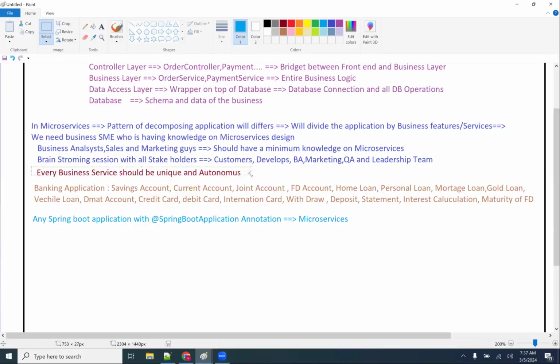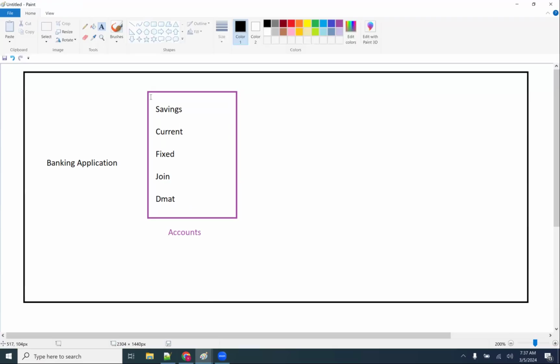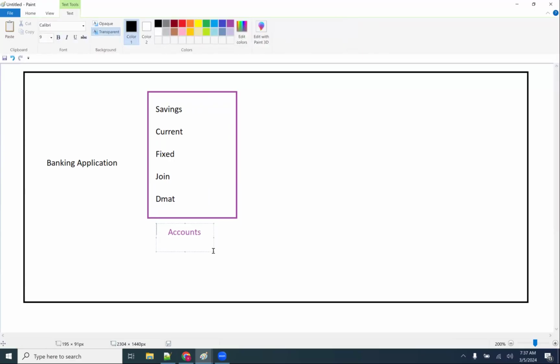We are going to categorize into similar types of sections, and we will brainstorm further. So this is the first division: we are categorizing based on business capability. Understand? Accounts is one of the capabilities.